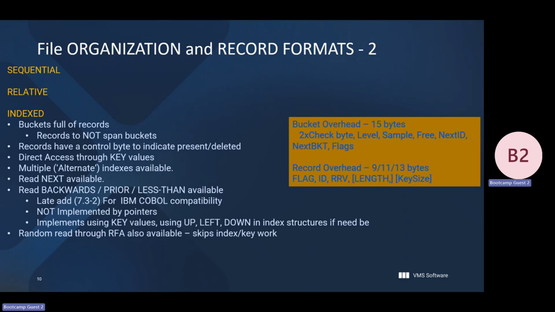We have direct access to the file based on key values. We'll talk more about what kind of keys. We can have multiple indexes. So if a file, and we'll do the stupid thing, has a social security number, a name, and a phone number, you have to decide what you are looking for. I'm looking for a social security number with value 1, 2, 3.